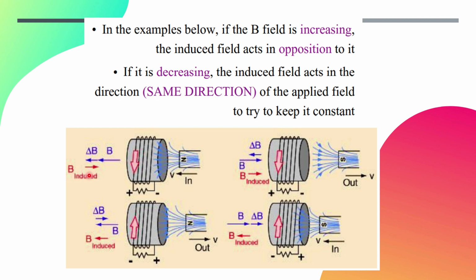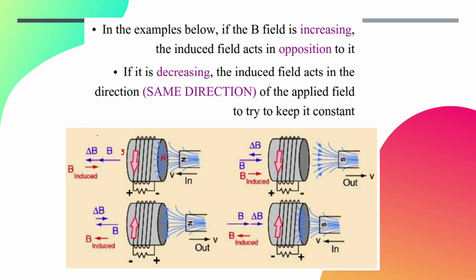Therefore, the direction of the induced magnetic field must be in the opposite direction, because it does not want to increase B. It wants to fight it. It wants to reduce it. So it will try to oppose the change of the magnetic field inside the solenoid. Therefore, let's say this side, I will write, this side would become north and this side would become south pole.